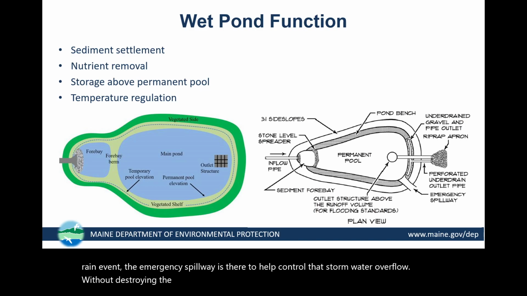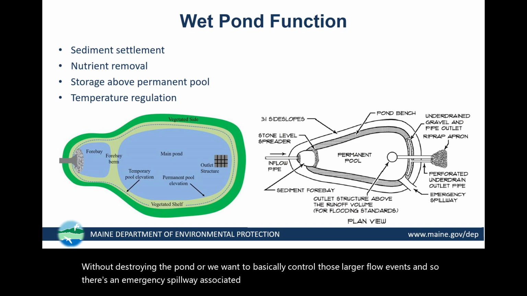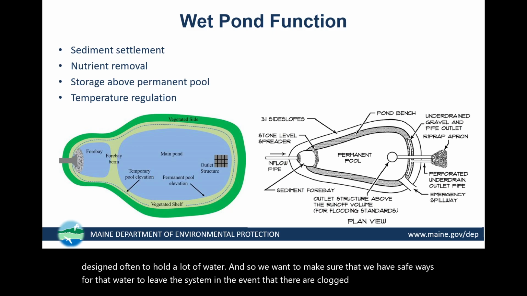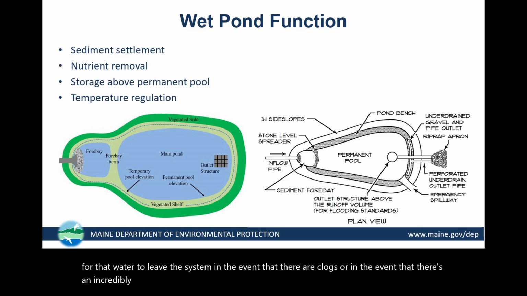We want to basically control those larger flow events. And so there's an emergency spillway associated with these wet ponds, especially since they are designed often to hold a lot of water. And so we want to make sure that we have safe ways for that water to leave the system in the event that there are clogs or in the event that there's an incredibly intense event.